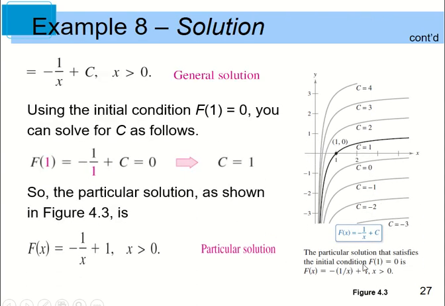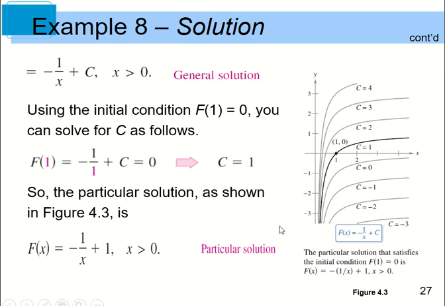Now we know that for negative 1 over x plus c, there can be many solutions. If c is 4, we have this line. If c is 3, we have this line. If c is 2, we have this curve, and so on.